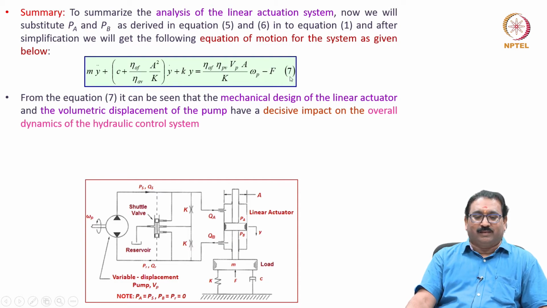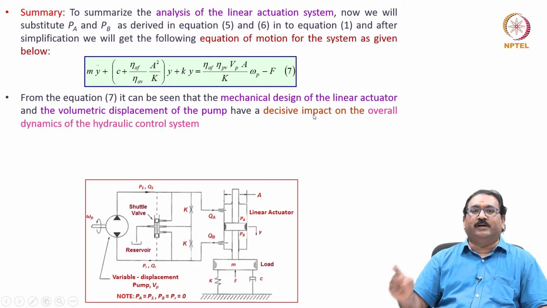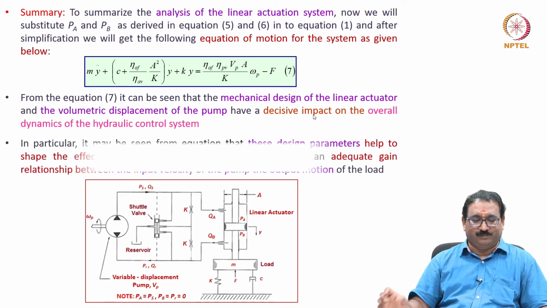From equation 7, it can be seen that the mechanical design of the linear actuator and the volumetric displacement of the pump have a decisive impact on the overall dynamics of the pump controlled hydraulic system.